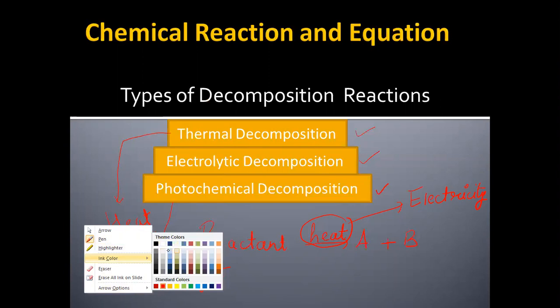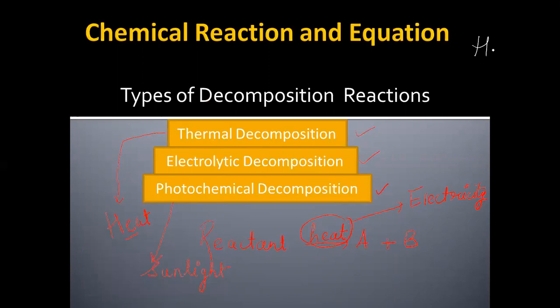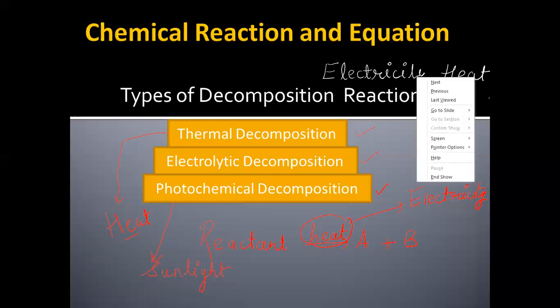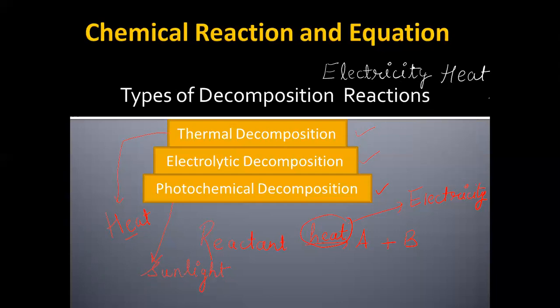You can simply say the three types are heat, electricity, and sunlight.